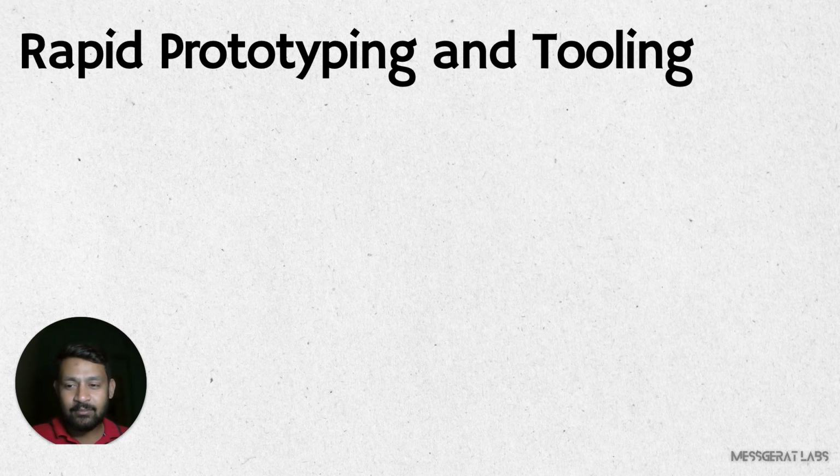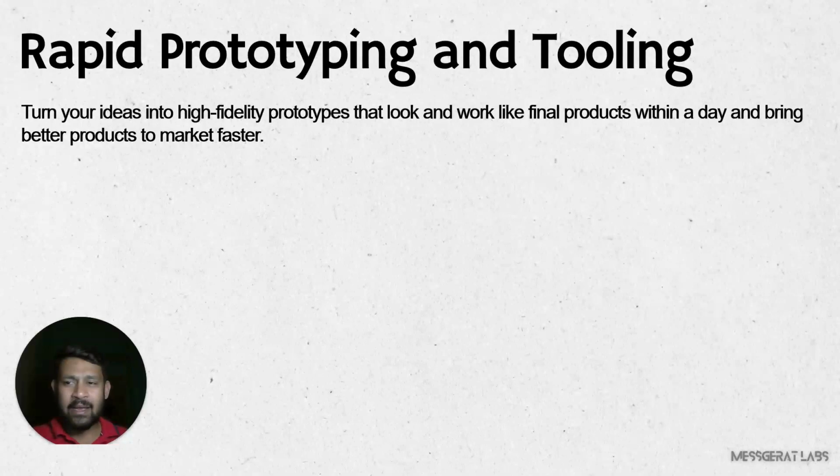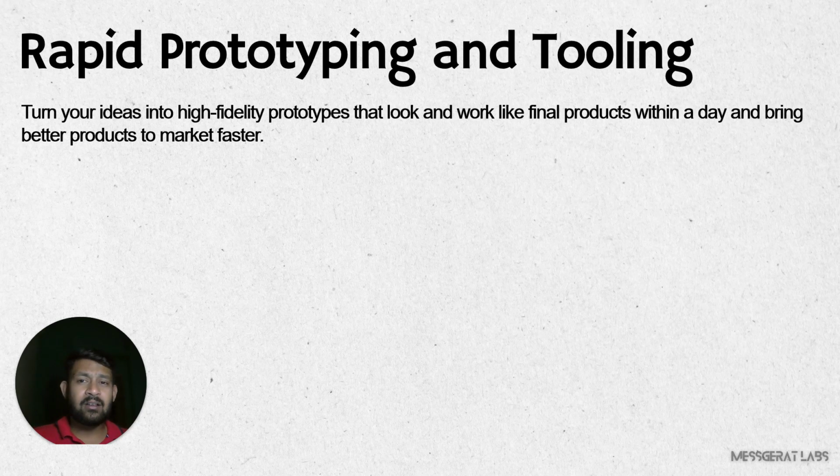So let's start with the first level of AM deployment, which is rapid prototyping and tooling. By now we should all be very clear what prototyping is. It's bringing your idea to life for the first time.